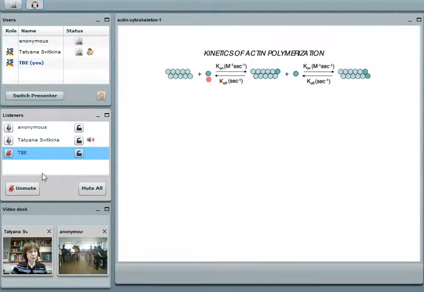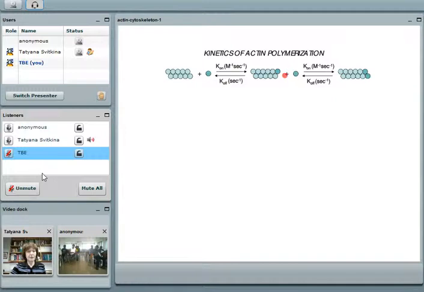And the rate with which it occurs is governed by the association rate constant, or K-on. However, after this monomer is attached, it can dissociate with some probability, and this depends on the dissociation rate constant, or K-off.